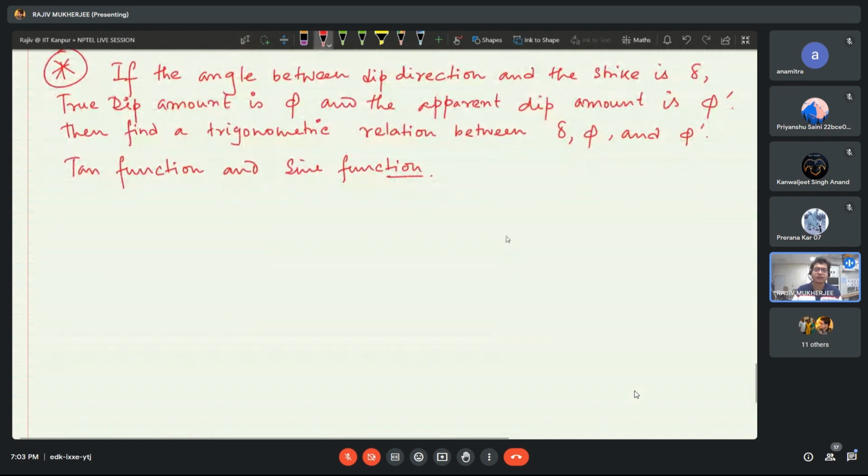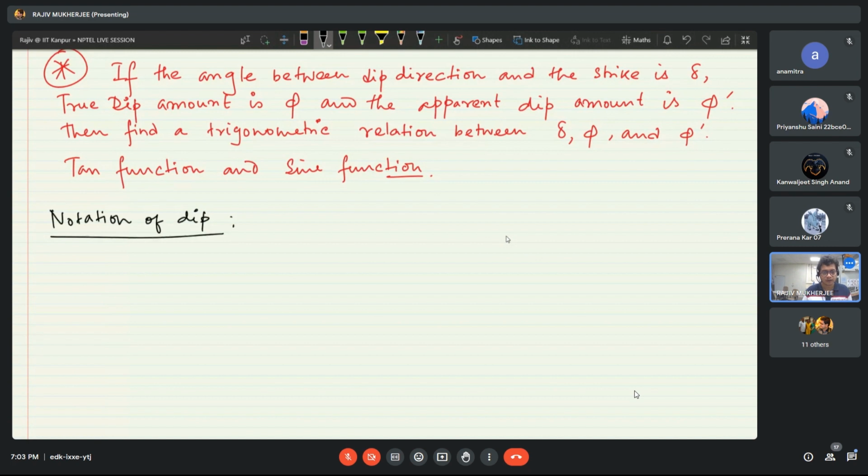Now talking about the notation of dip, right? Apart from strike, dip is like a vector, right?